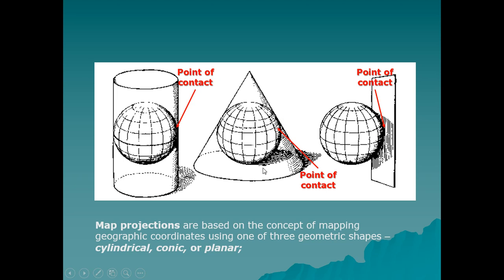If it had been done from the southern hemisphere, it would have been around the mid latitudes in the southern hemisphere. So again, your point of contact would be the features that will have the greatest accuracy. Similarly, here we have a plane, hence the reason we call it planar. Your point of contact would have the greatest accuracy here.